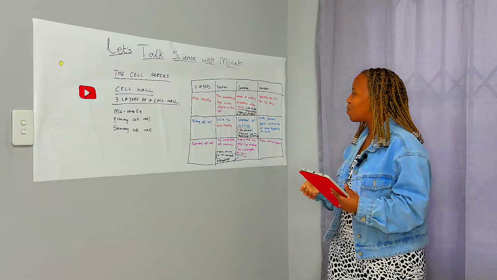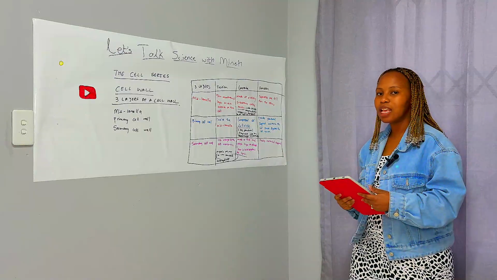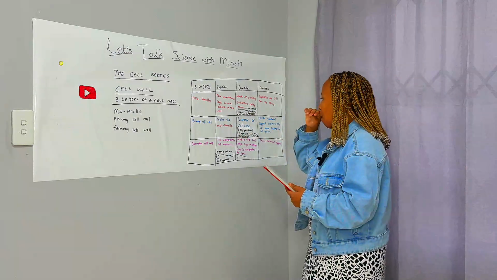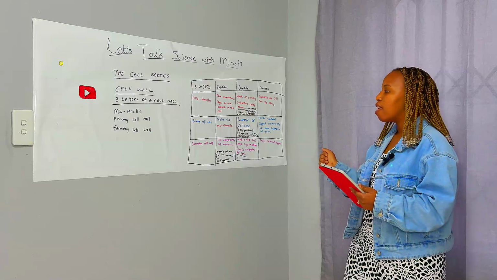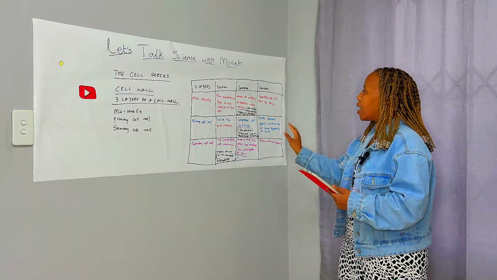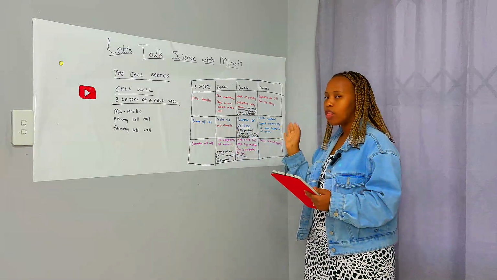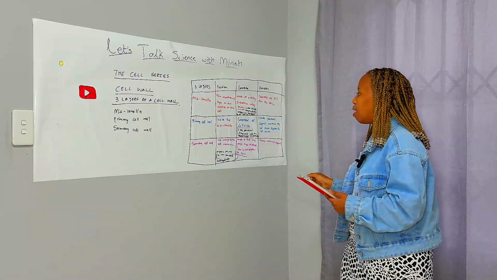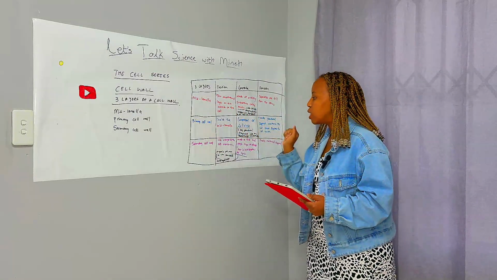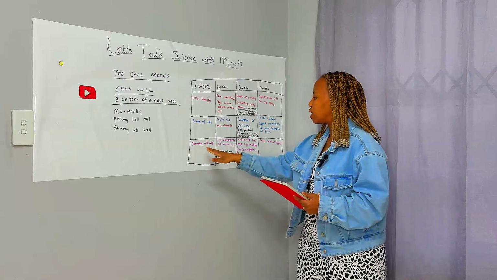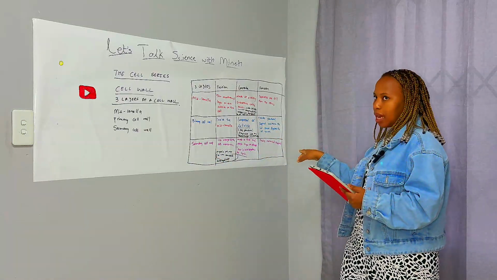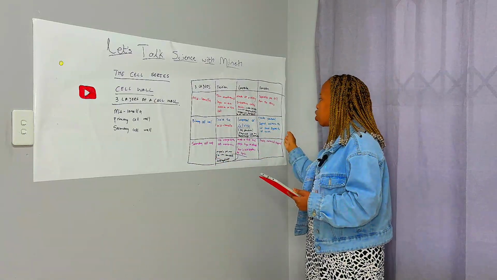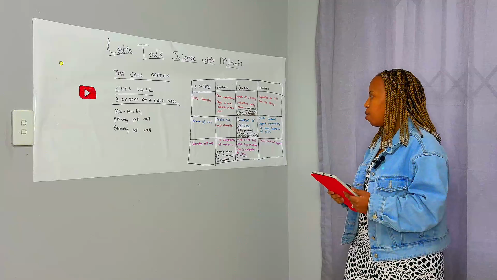The second one we have is the primary cell wall. I did a color coding for the three layers: red for the middle lamella, blue for the primary cell wall, and purple for the secondary cell wall. And the black is for key notes of things that I should remember.